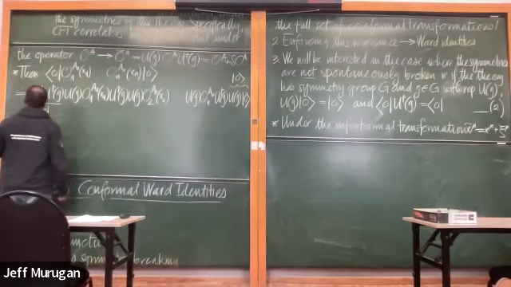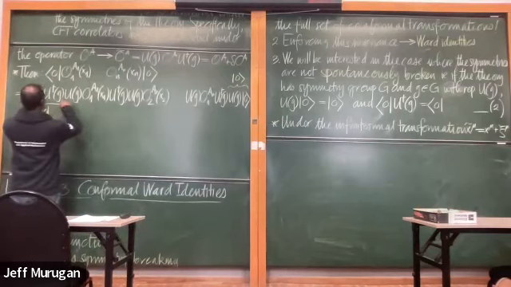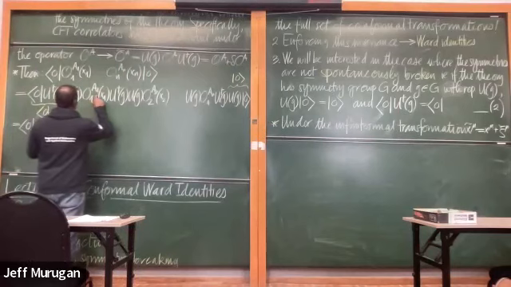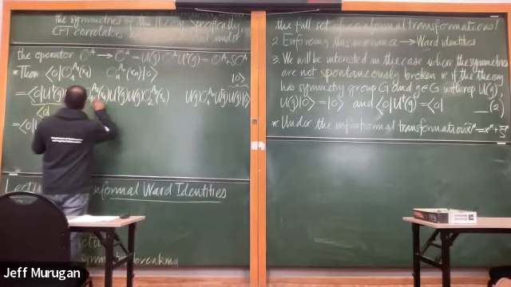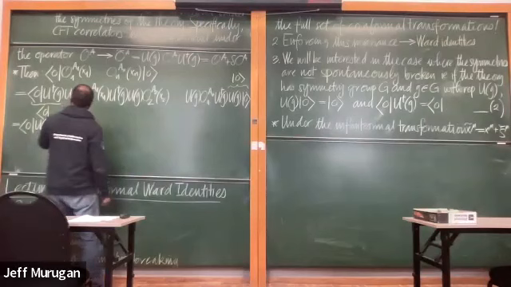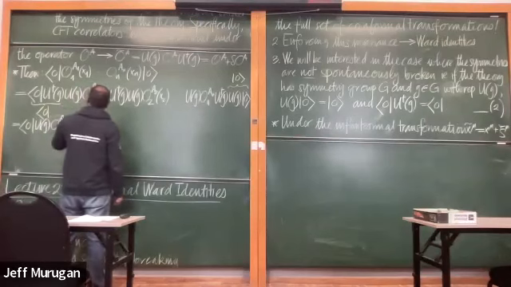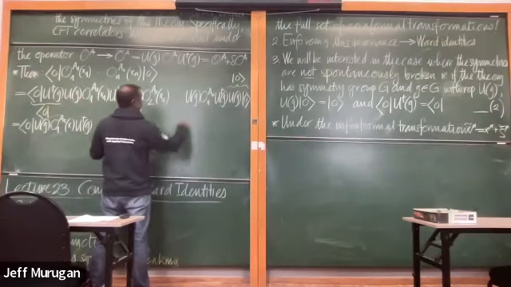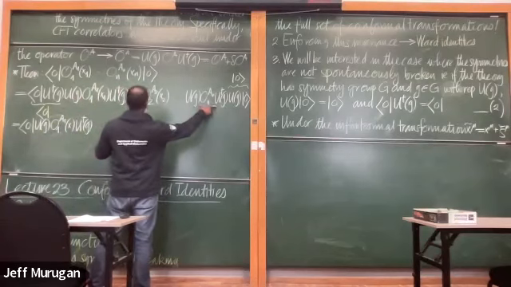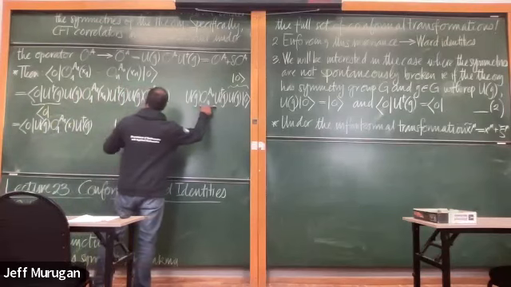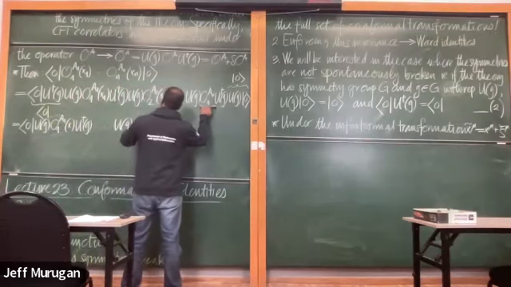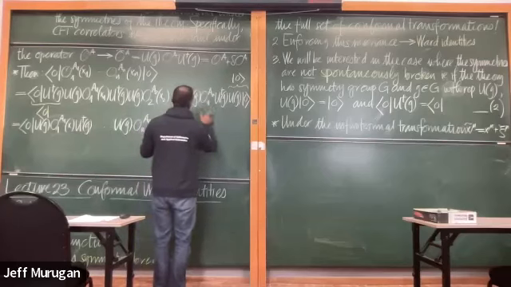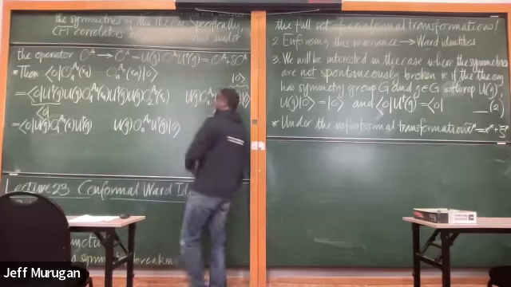So this is just the vacuum, U(g) O_{A1}^1 of x_1 U†(g), and it goes on until I get to U(g) O_{AN}^N U†(g) on the vacuum.